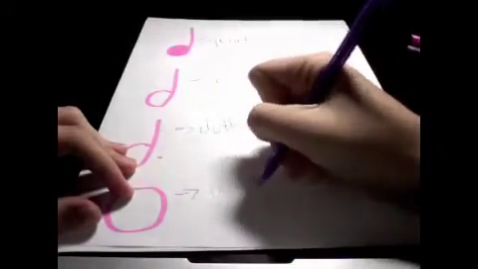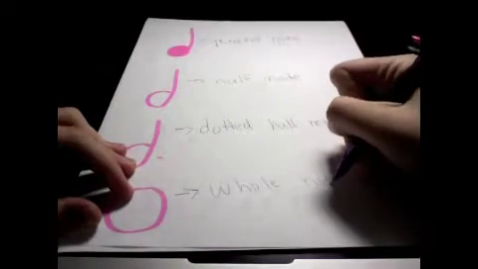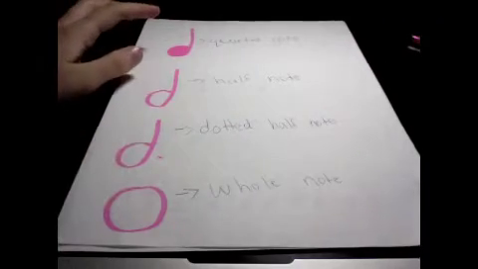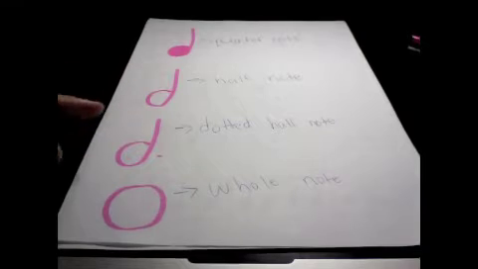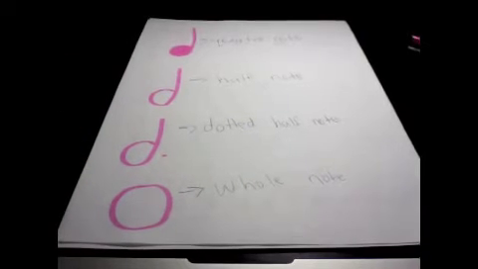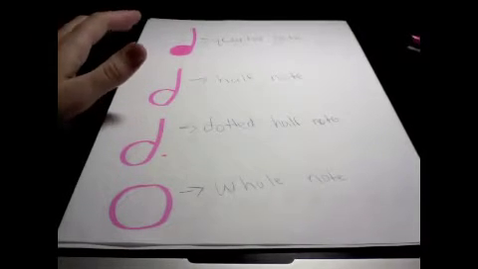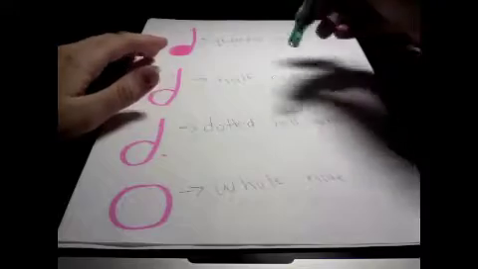And then this last one over here, I hope you guys can see that. That's called a whole note. Okay, so we got quarter note, half note, dotted half note, and whole note. And basically, a quarter note, here I'll use a different color pen.